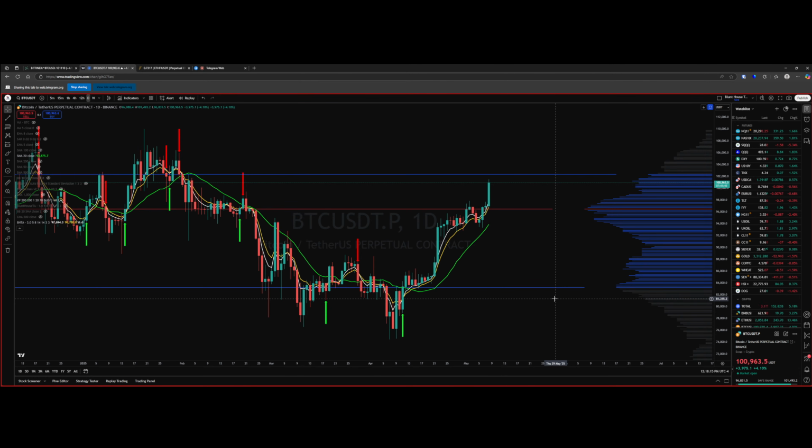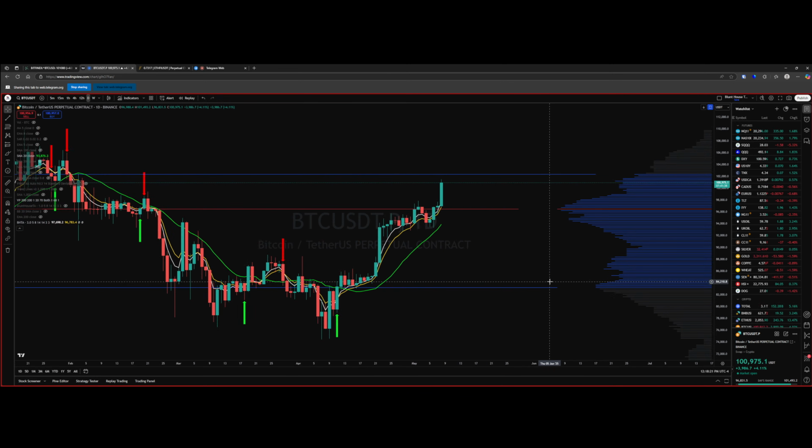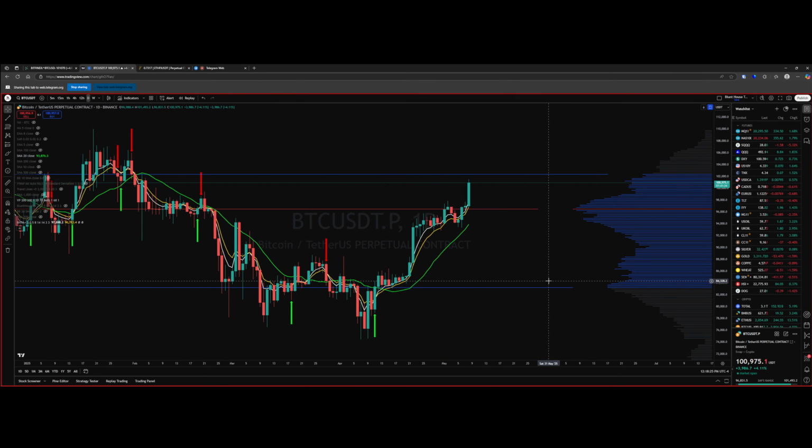And I don't really consider this to be a touch. It's not really close enough. But nevertheless, we know what happens when we get to that area. When we get to that first touch, we should expect to find a little bit of support, or again, it bounces.